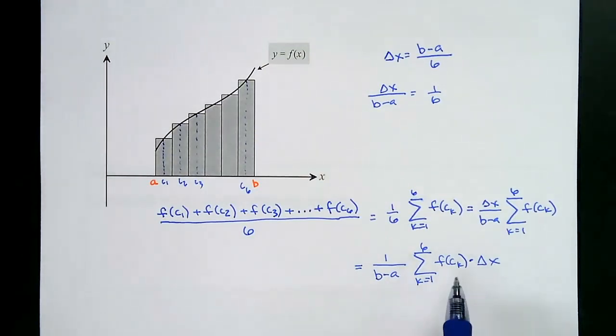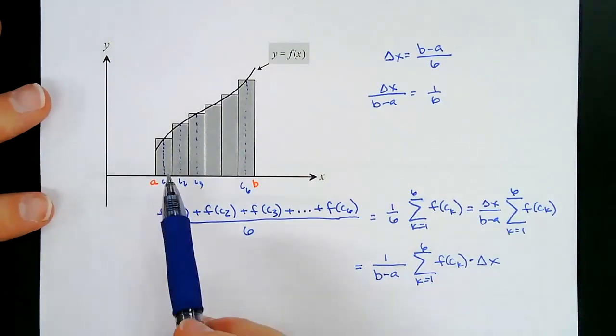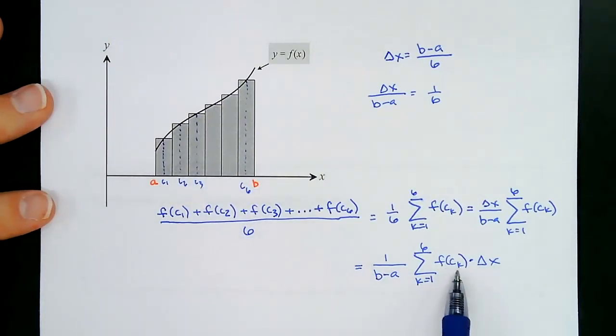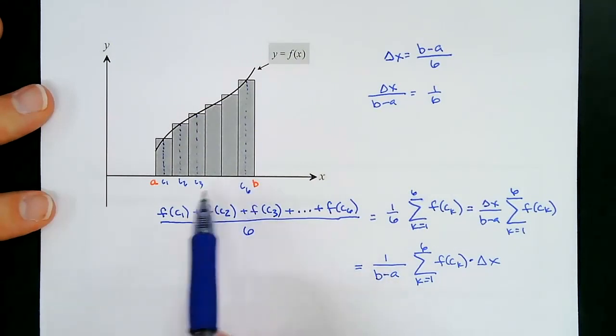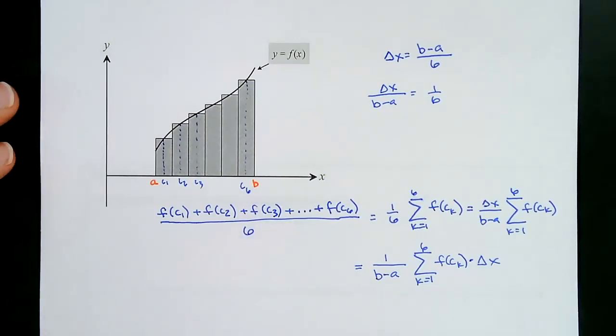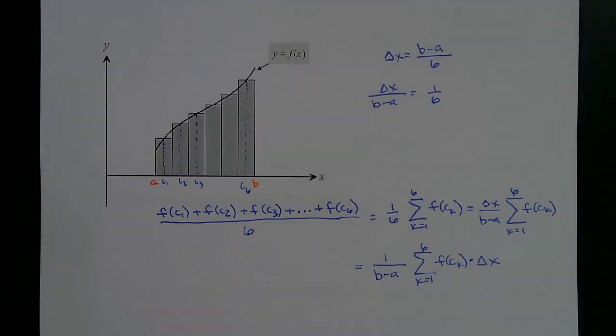We can do the same exact thing by taking the area of each of these 6 rectangles, adding them together, and multiplying by 1 over b minus a, which is where I want to start integrating and where I want to end the integration. Okay, so let's take this one more step. Instead of 3, instead of 6, what if we have n of these rectangles? Let's take a look at that.